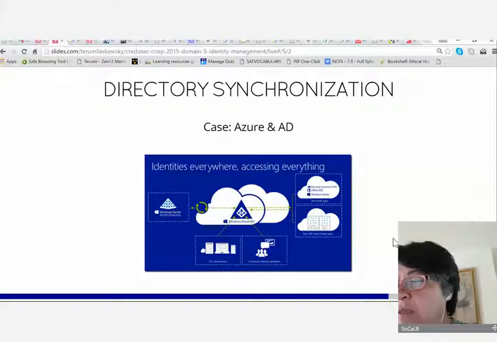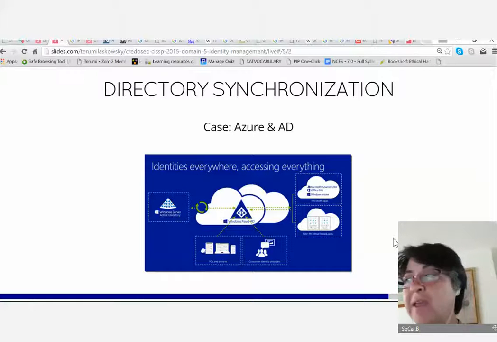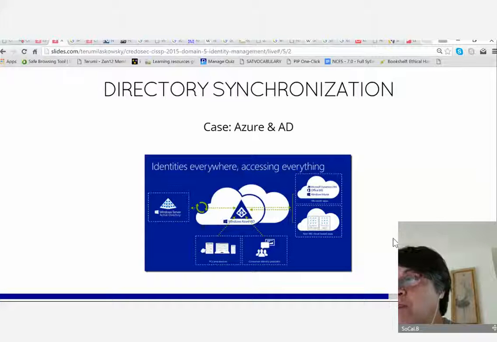You have the PCs and desktops all signing in to Windows Azure AD. And notice how Windows Azure AD is now accessing stuff from Microsoft, all the Office 365 and all that, and of course all the other non-MS cloud-based apps as well. So it's doing the accessing for that. That would be the directory synchronization.